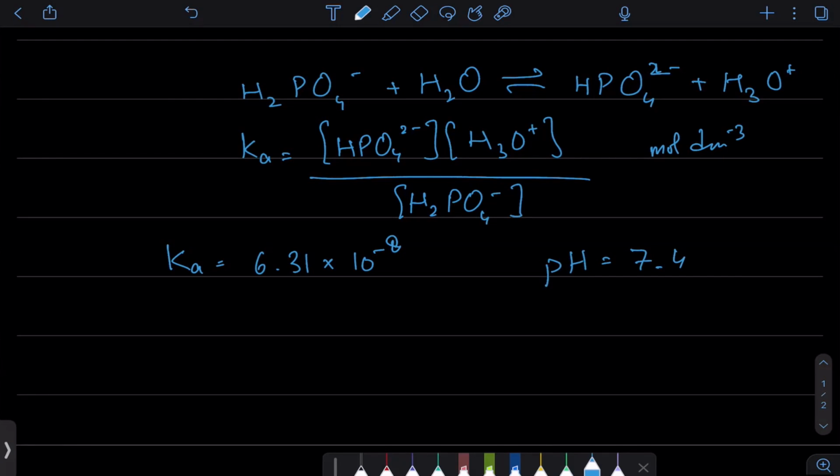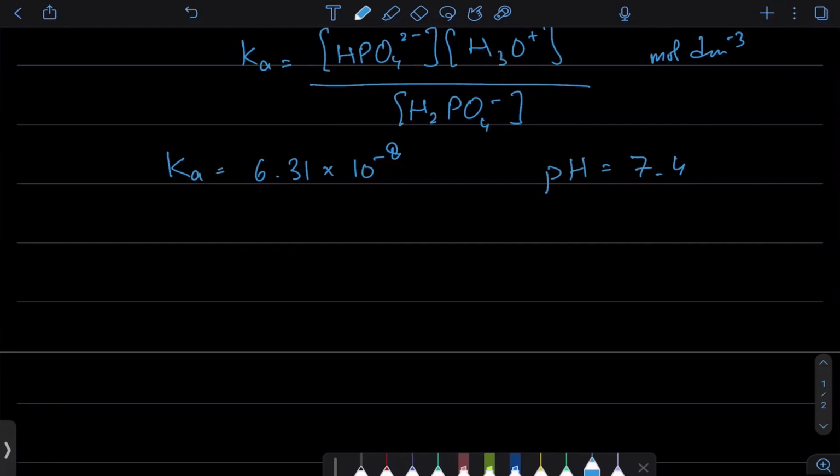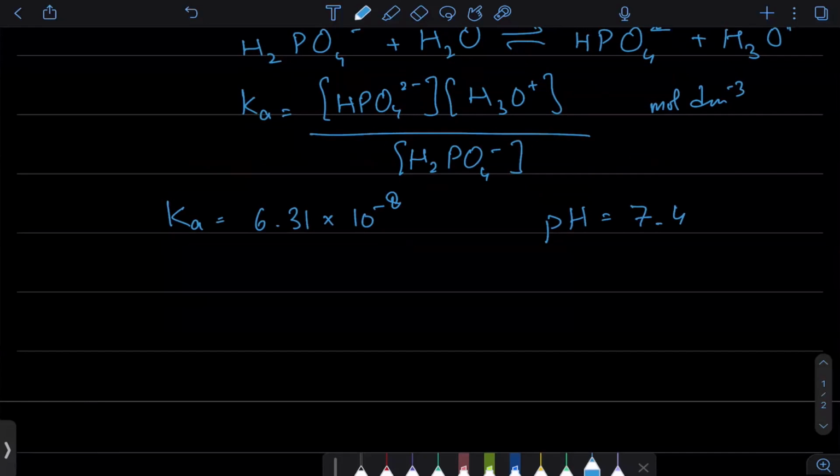Now, I want to figure out what is the situation with these ions, how they are present there. So let me try to see this. Since my pH is 7.4, I can either use this directly, or I can use the Ka value.